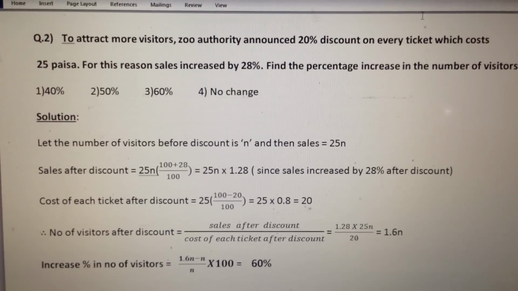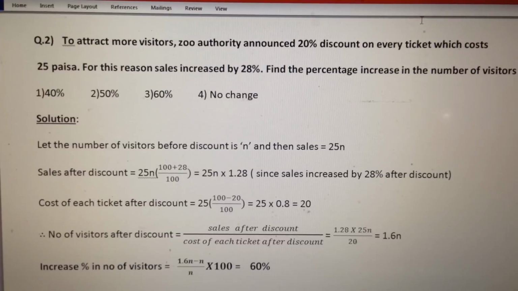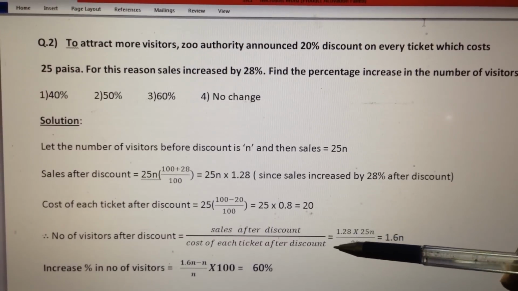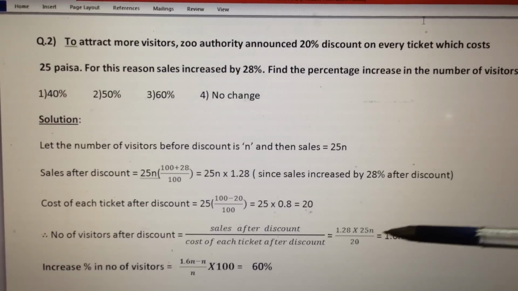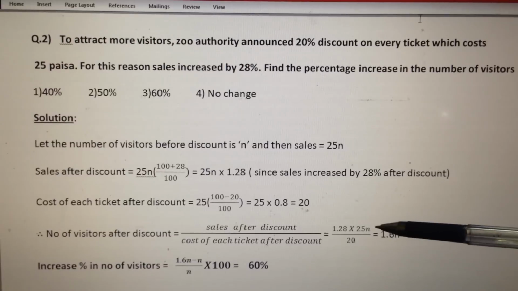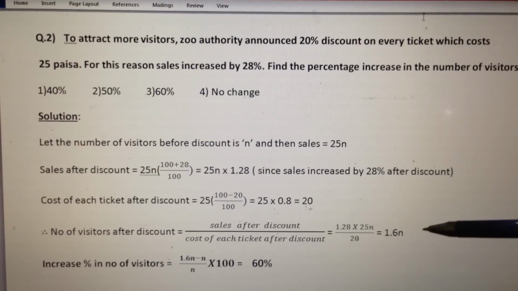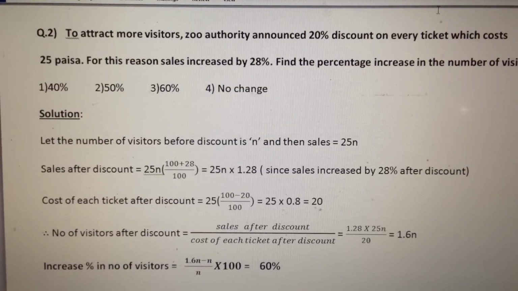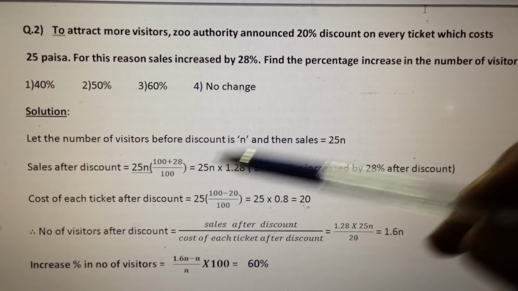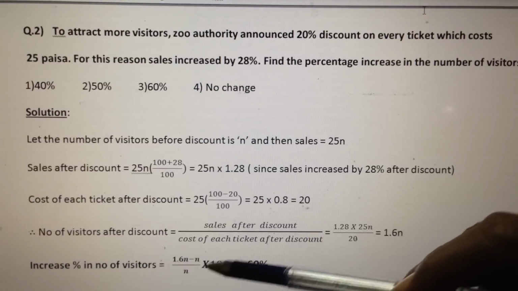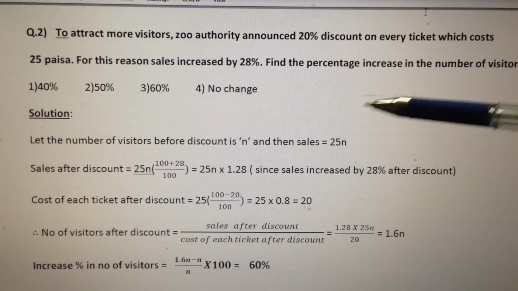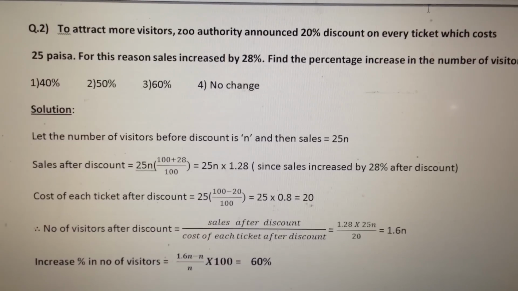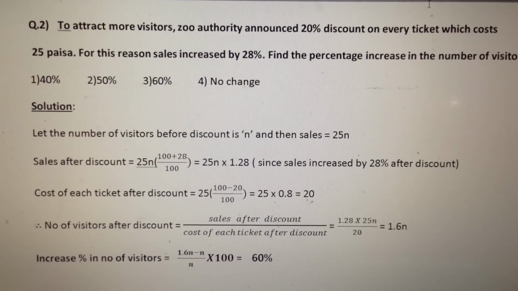Now the number of visitors after discount is equal to sales after discount by cost of each ticket after discount, which is equal to 1.28 into 25N by 20, which is equal to 1.6N. Now the percentage increase in the number of visitors is equal to 1.6N minus N by N into 100, which is equal to 60%. So the answer is option number 3.